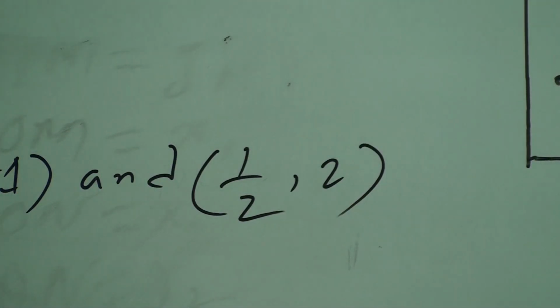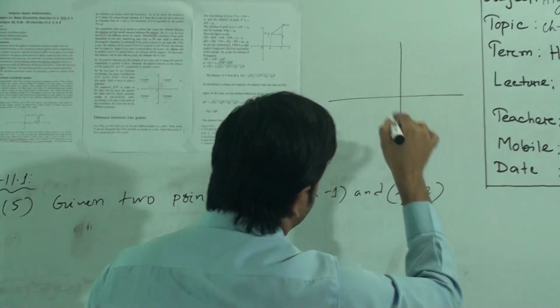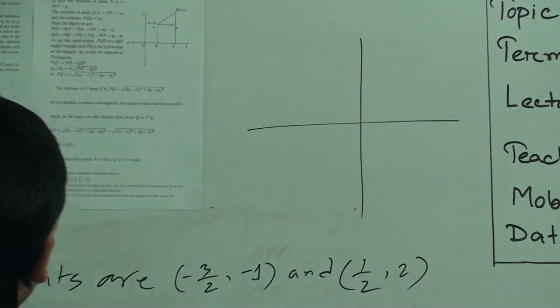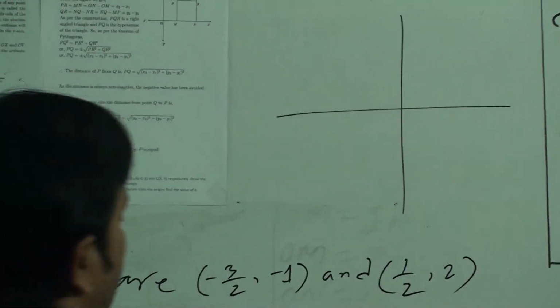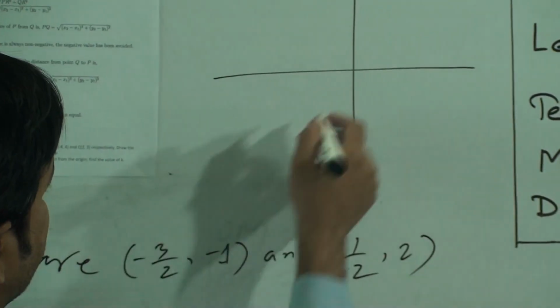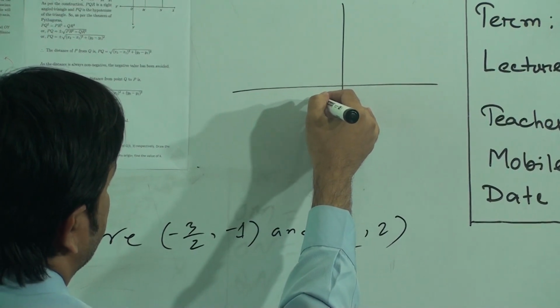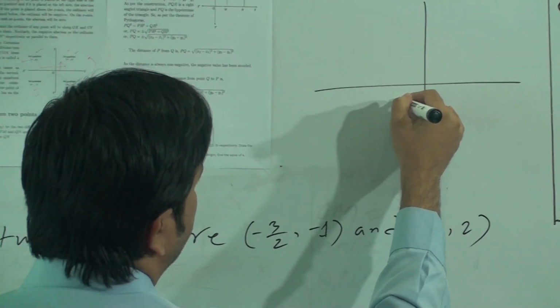Now we need to put these points at first on the graph or on the plane, so we can draw the figure here. Now 3/2 means 1.5. Since this is negative, suppose here is minus 1.5 and minus 1.